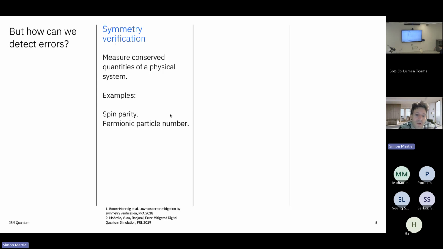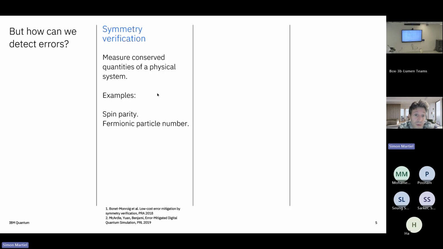So, for instance, if you are trying to embed some kind of fermionic dynamic inside your circuit, and you know that the dynamic is particle number preserving, you can check that the particle number is what you expect at the end of the run by measuring the state, and discard any run that leads to something that falls outside of the range of particle number you are expecting.